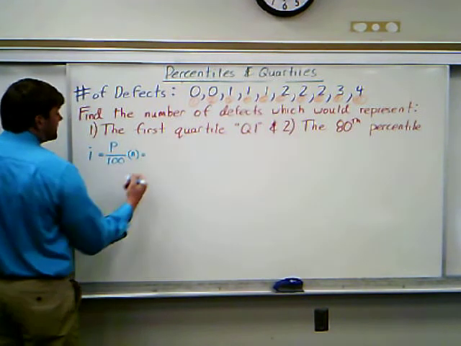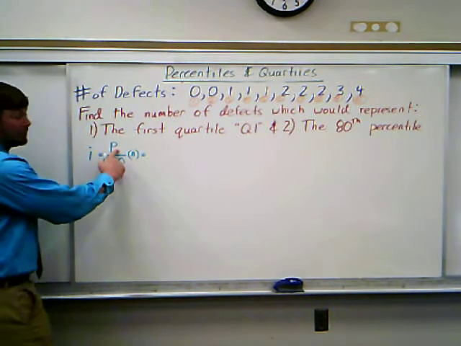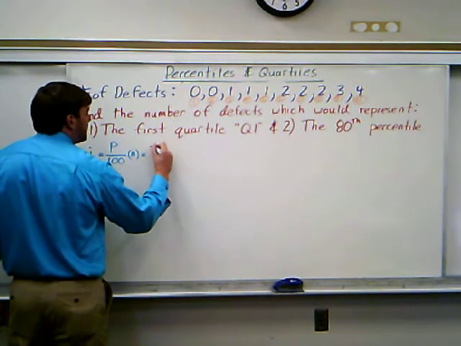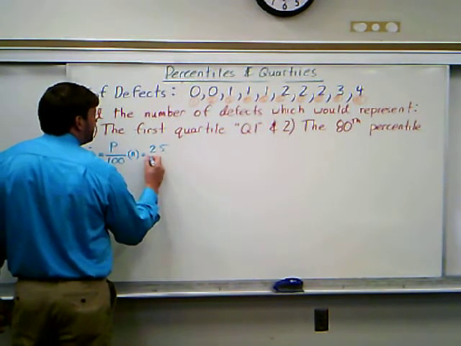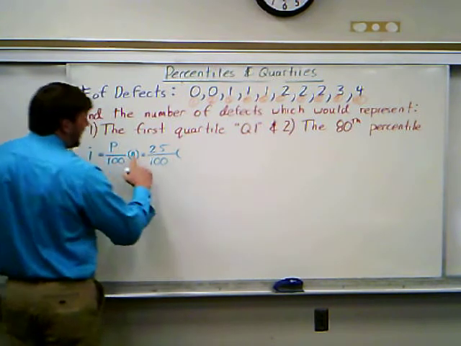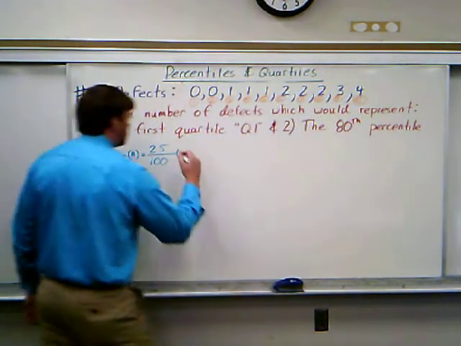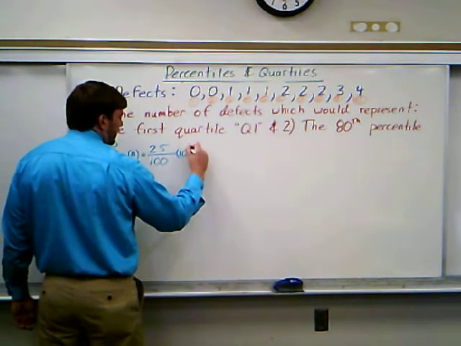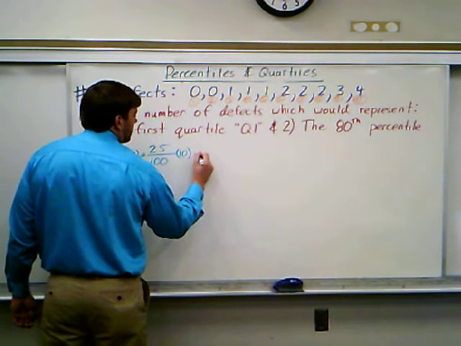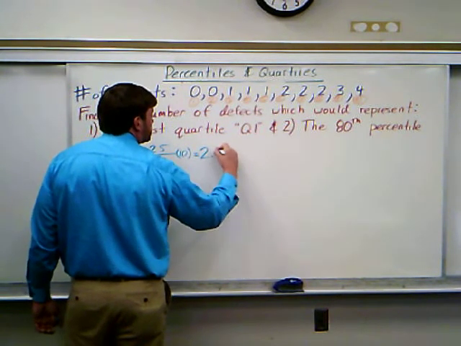In this situation, the first quartile is what we're looking for, so the value of P is going to be 25. So it's 25 divided by 100, and then multiplied by n. N is the number of values, and we have 10 different values, so multiply by 10. And that's going to come out to be 2.5.